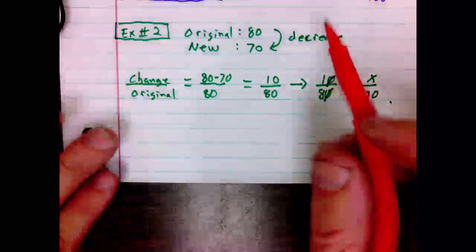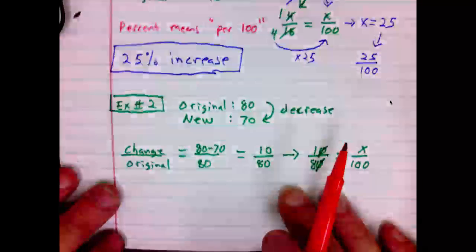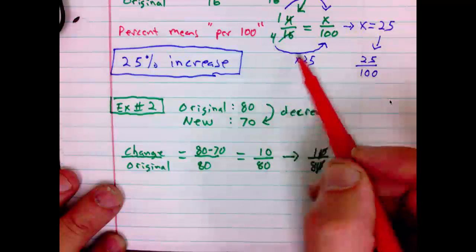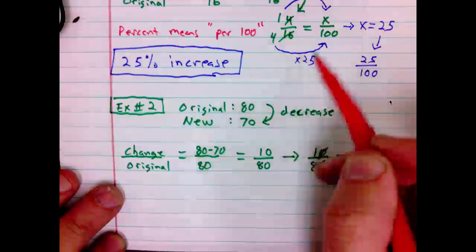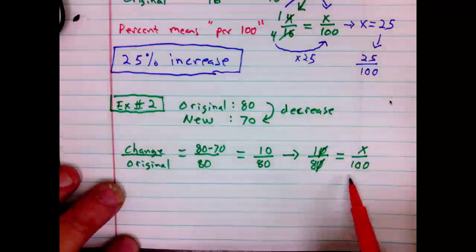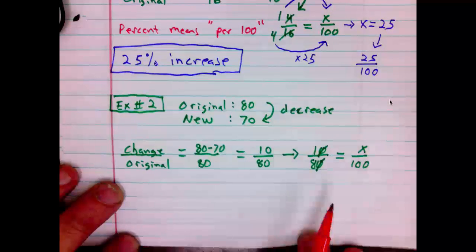We're going to cross multiply because unlike the previous one, where it was easy to find the multiplier from 4 to 100, 4 times 25 yields 100, it's not quite as clear here what 8 times gets us to this 100.